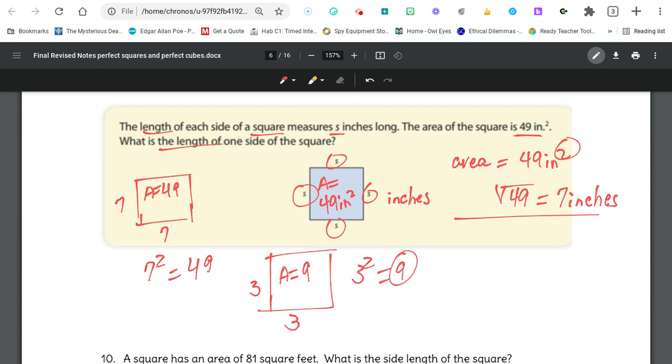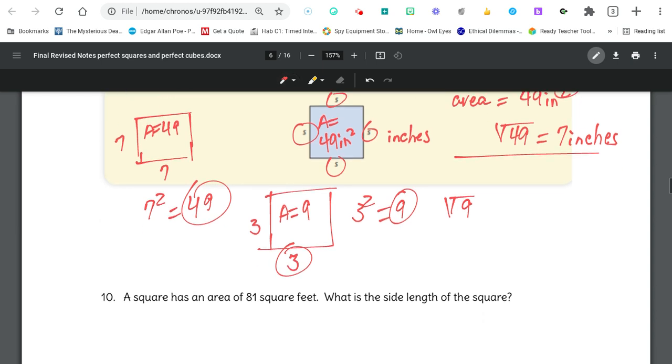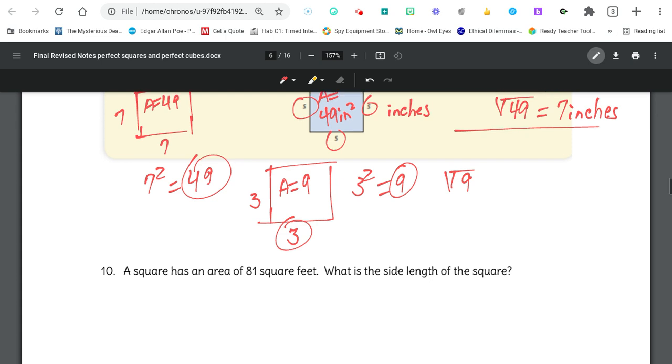So all these are squares. And to undo a square, we take the square root. Taking a square root takes you back to your side length, guys. That's why taking the square root of the area will give you your side length, because you're undoing a square and it tells you what the side length was.